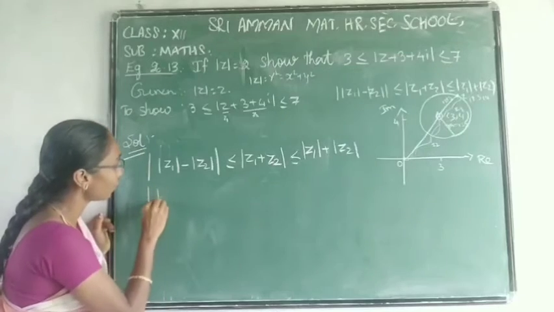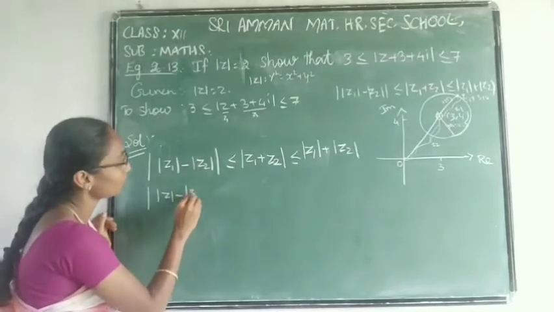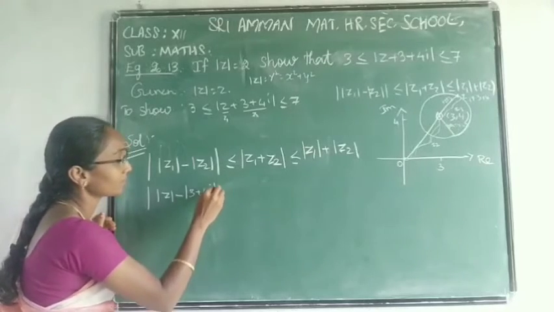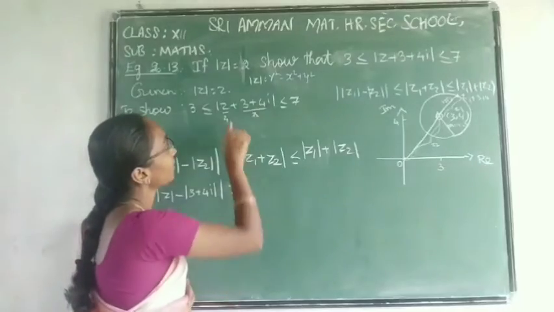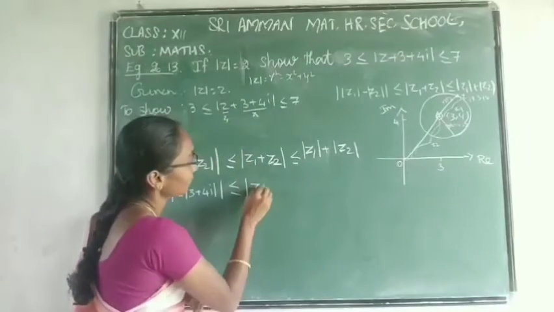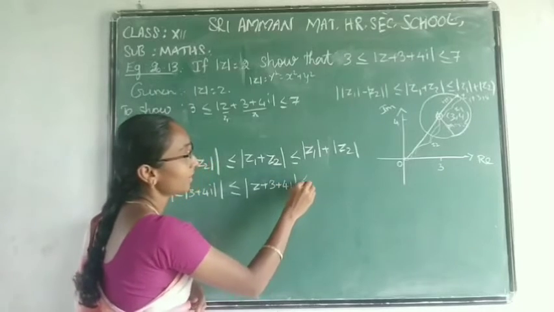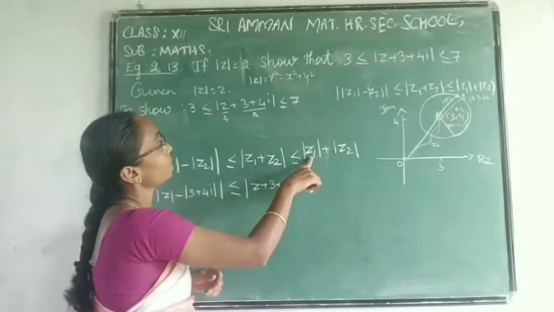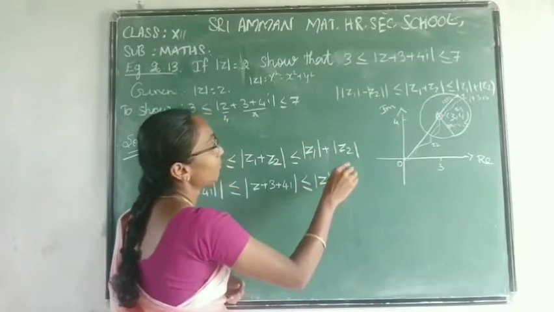Okay, modulus of z minus modulus of 3 plus 4i is less than or equal to modulus of z plus 3 plus 4i, which is less than or equal to modulus of z plus modulus of z2.